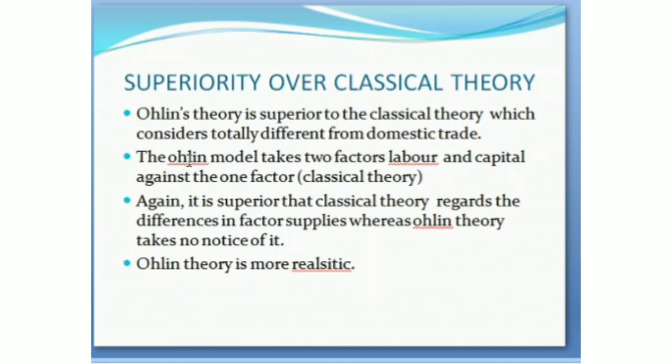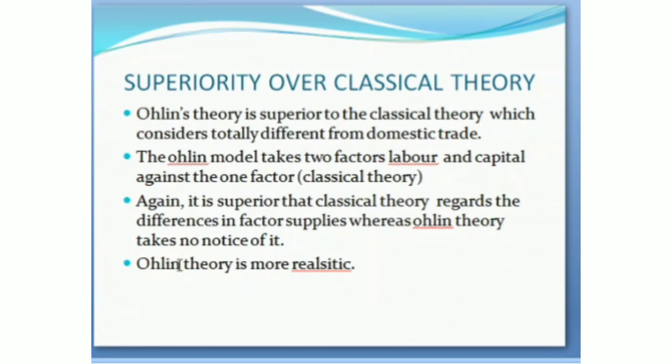Second, the Ohlin model takes two factors, that is labor and capital, as against the one factor, labor, of the classical model, and is superior to the latter. Again, the Ohlin theory is superior to the Ricardian theory in that it regards differences in factor supplies as basic for determining the pattern of international trade, while the latter theory takes no notice of it.